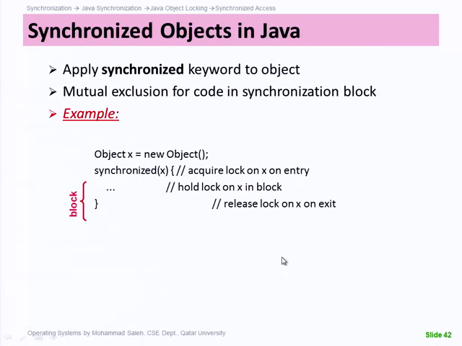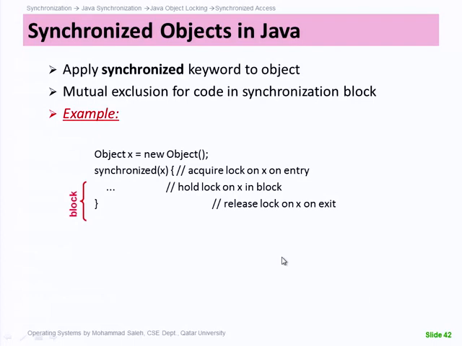Now, the way that we use synchronized, you can use it on the whole object. For example, if you have an object X, you can say synchronized X, and then the code in between the curly brackets, that's the critical section of your code in your application that has something to do with accessing X. So in this case, only one thread can access the object X. And the object X, as you know, might have synchronized methods and unsynchronized methods, right?